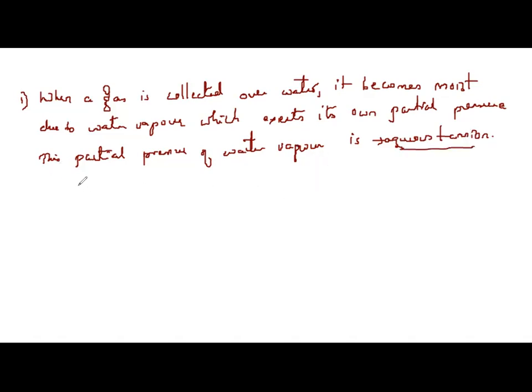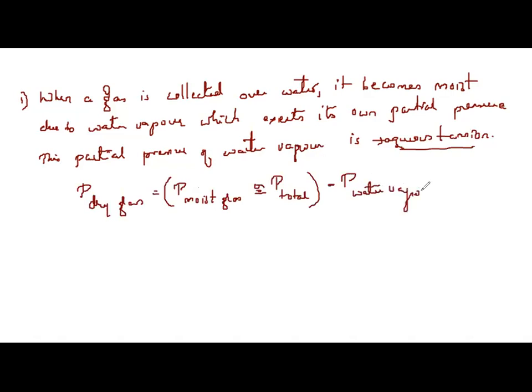So you can write the partial pressure of the dry gas is equal to the partial pressure of the moist gas, or you can say the total pressure, minus the partial pressure of water vapor. When you subtract it, you will get the partial pressure of dry gas.